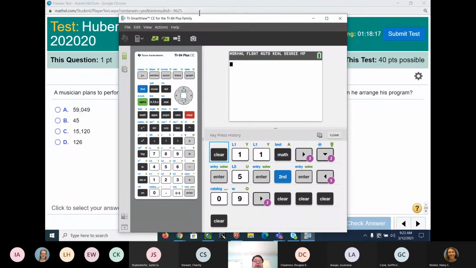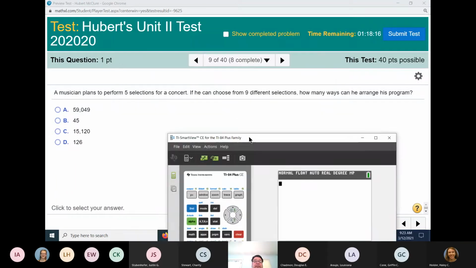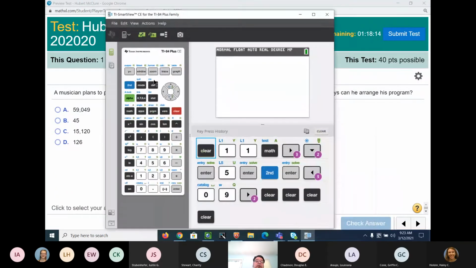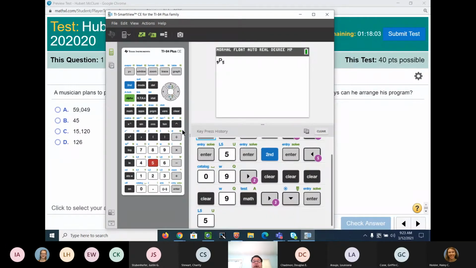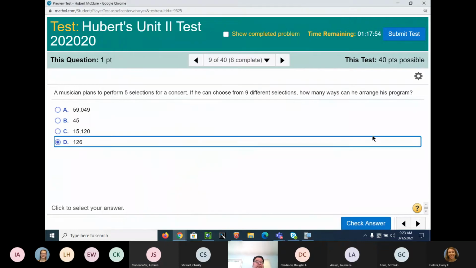Let's do 9 permutation of 5. 9, math, permutation of 5. Now let me go ahead and say this. If this is correct, good. Thank you, Mr. Justin. But I don't like the question because it's very vague. And right, 15,120.